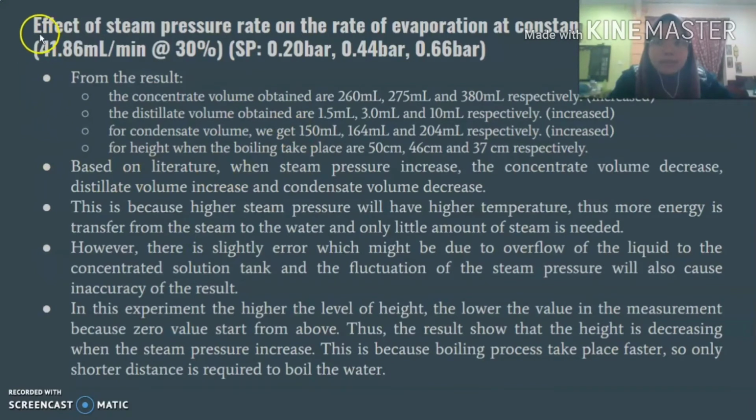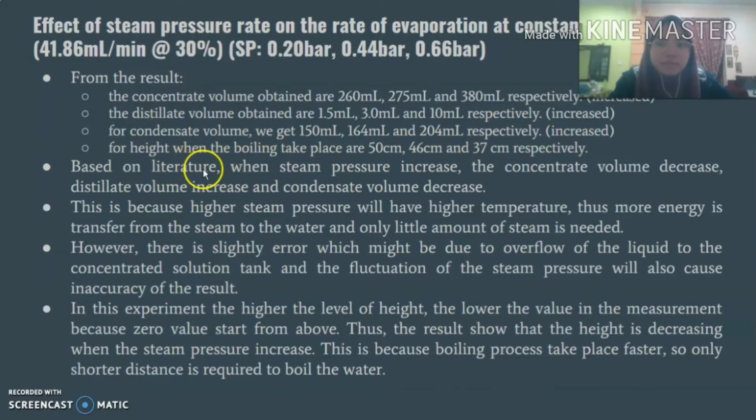The first study is on the effect of steam pressure on the rate of evaporation. We fix the feed flow rate at 41.86 milliliters per minute. From this result, we obtain these 4 values. The 3 of these obtained increase, and the height when the boiling takes place is 50, 46, and 37 cm.